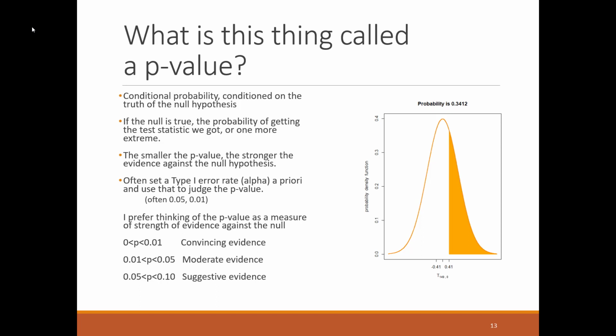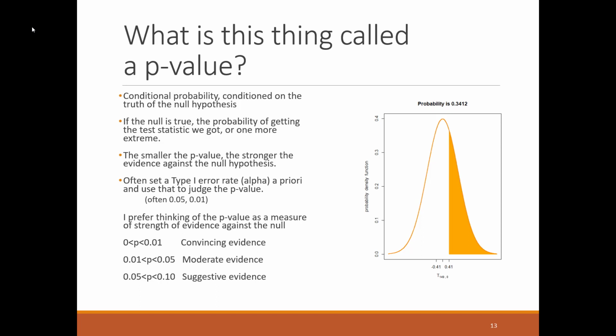So if the null is true, if the population mean blood lead level is less than or equal to 50 micrograms per deciliter, the probability of getting the results we got, or results more extreme, that t-statistic of 0.41 or more extreme to the right, is equal to 0.34. It is a conditional probability: if the null is true, it's the probability of getting the test statistic we got or one more extreme.